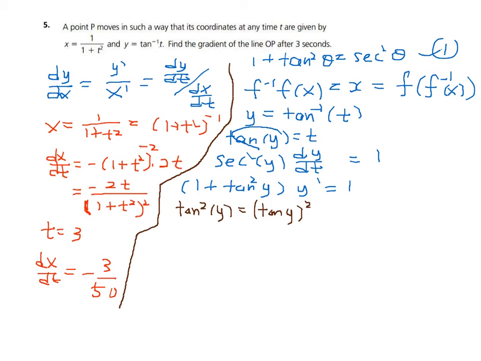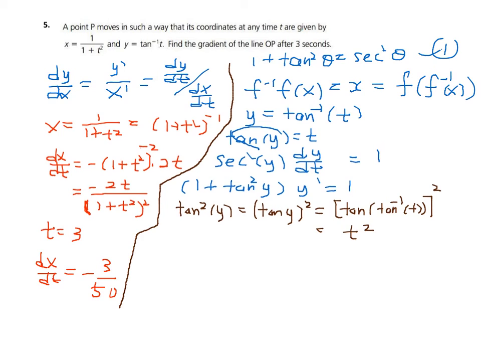So that means we are talking about the tangent of the inverse of tangent of t, and don't forget that the whole thing in brackets is being squared. Because of this idea of the inverse, tangent acting on inverse tangent gives you only t, but squared because of the square here.